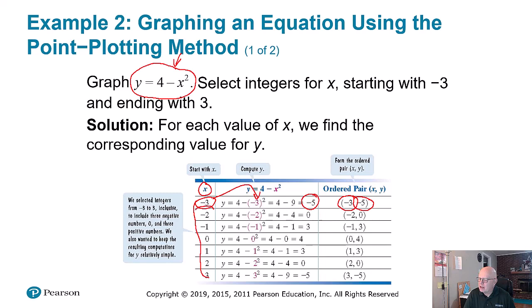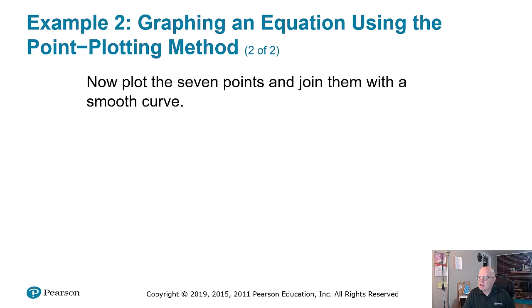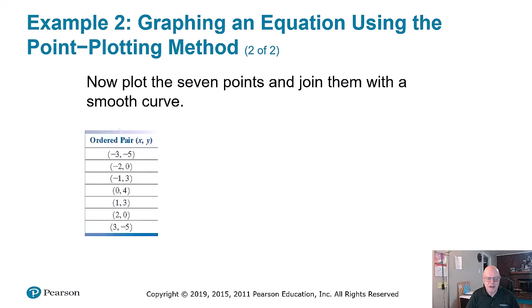Just follow that: -2 for x, put in your equation, and for this one you get a 0 for y, and so on down the line. Plot those 7 points, and when appropriate, connect them with a smooth curve. If it's a straight line, of course, you'll use a ruler or some kind of straight edge to create your straight line.